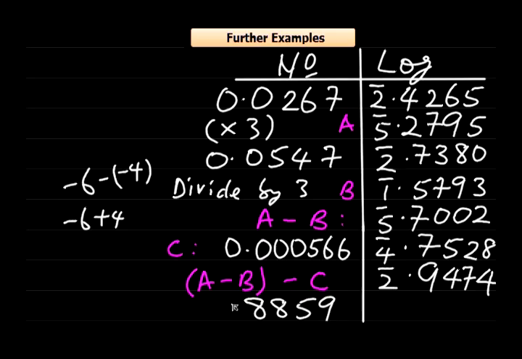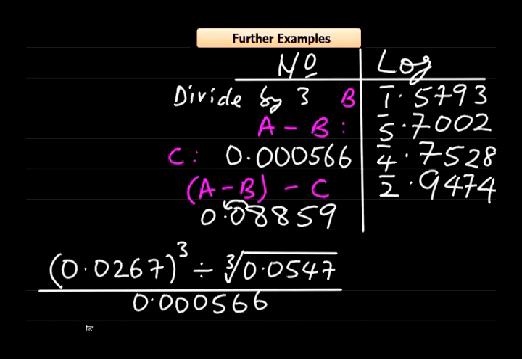So the point is here. So the answer is 0.0 and so on. Which if you are told to give 4 places of decimal, that will be 0.0886. That will be our answer. Ordinarily it is 0.08859.